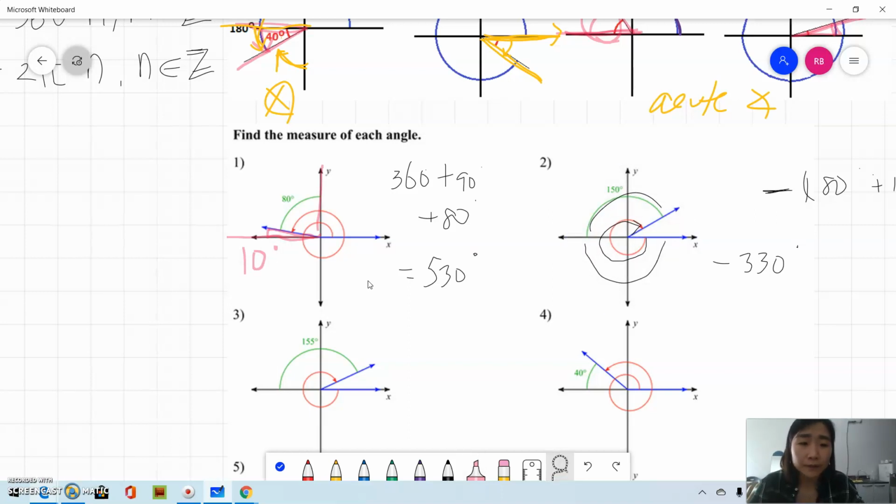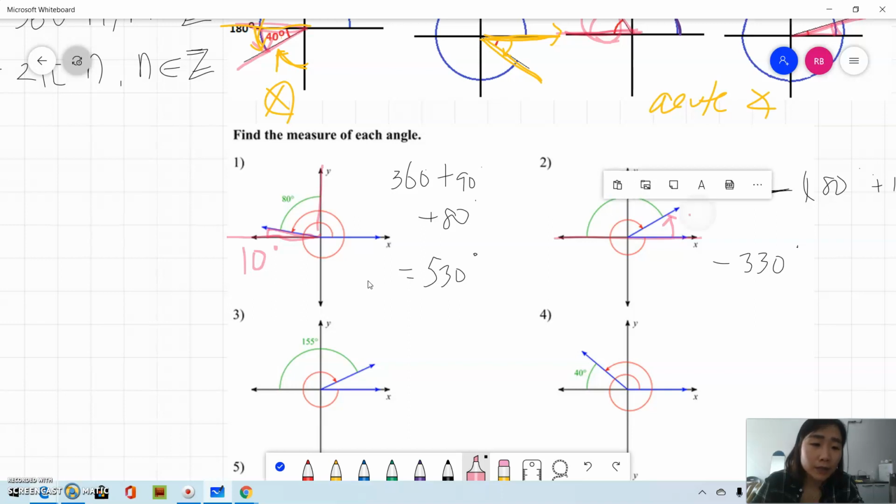Let's look at number 2. Number 2 is a first quadrant angle. So my reference angle is this blue part right here. And it says that the green angle is 150. So then the whole thing has to equal 180. So then the reference angle is just 30 degrees.